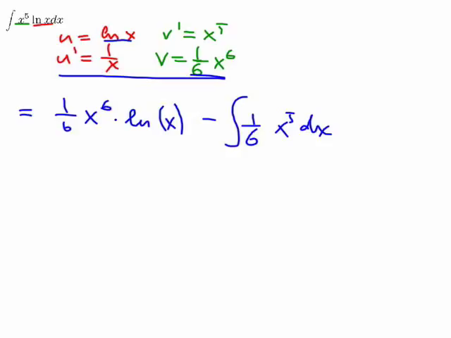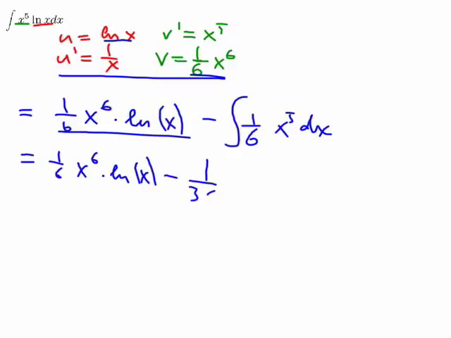Well, this is now an integral which we can do very easily. Just copy the first part, 1 over 6 x to the 6 times the logarithm of x, minus, now the antiderivative of 1 over 6 x to the 5 is 1 over 36 x to the 6.